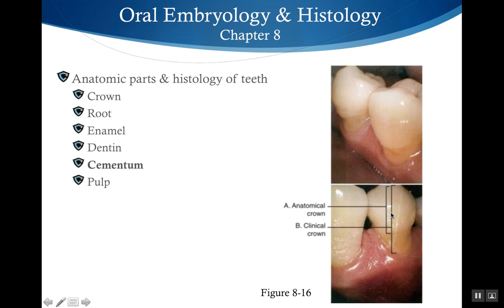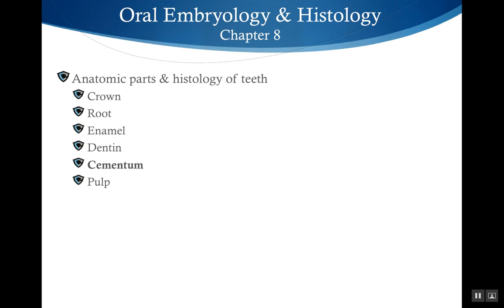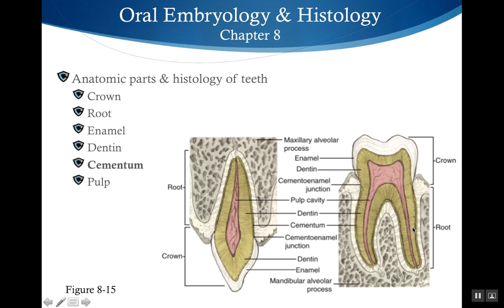Now, the cementum is formed by cementoblasts. Primary cementum is formed as the root develops, and then the secondary cementum continues to form on the apical half of the root after the tooth has reached functional occlusion, or after it's completely erupted into the mouth and you're chewing on it.